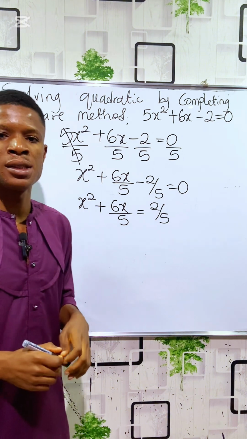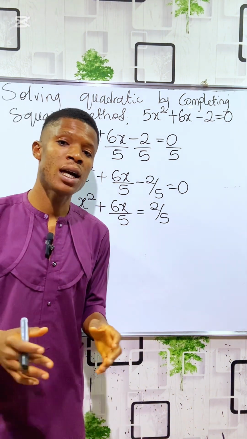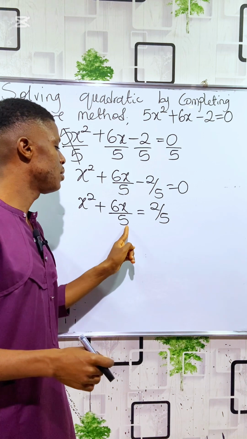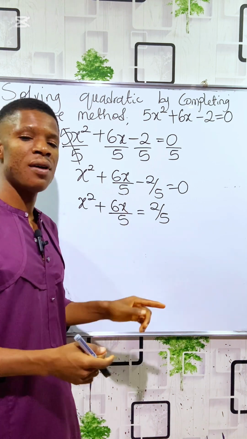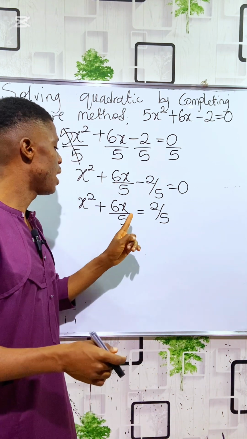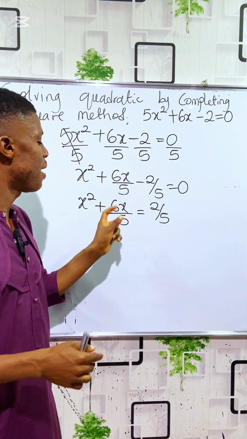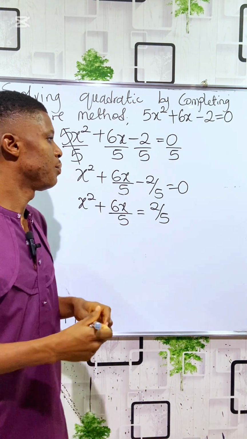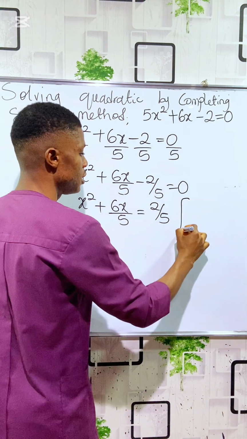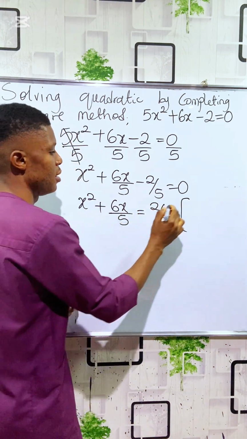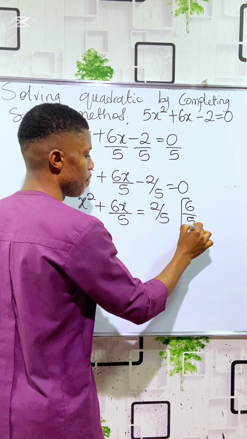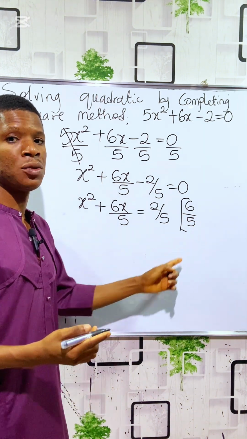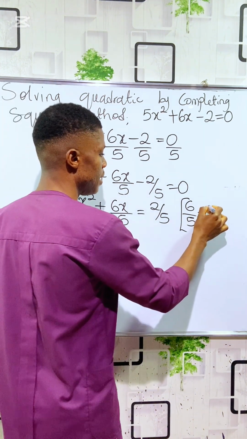Then we are getting closer. If you look at the problem now, we are going to deal with the middle term, which is 6x over 5. To do that, all we have to do is half the coefficient of x and square it. What do I mean? The coefficient of x here is 6 over 5. To half 6 over 5, that's to divide 6 over 5 by 2, which simply means multiplying by half.